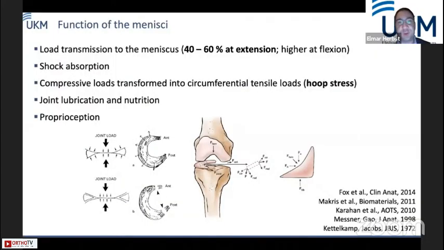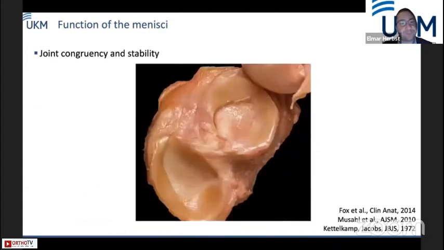We all know that the menisci are important structures to transmit load through the knee joint, especially close to extension, and in that case they act like a shock absorber. And most interestingly, the compressive load acting on the knee joint is transformed into circumferential tensile hoop stress, which also provides stability to the joint, despite nutrition and proprioception.